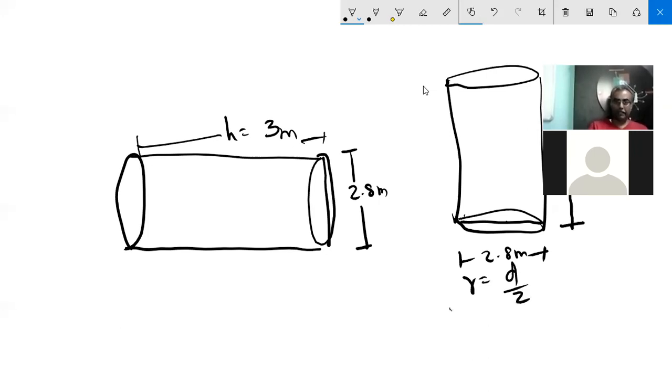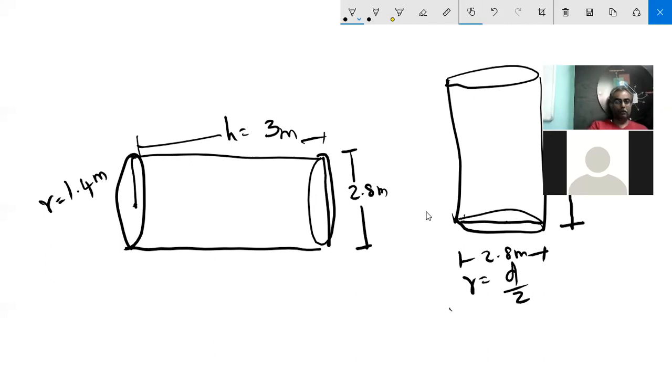Half the diameter. So radius is equal to 1.4 meters. Very good. Radius equals 1.4 meters.